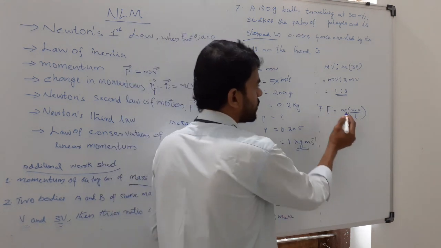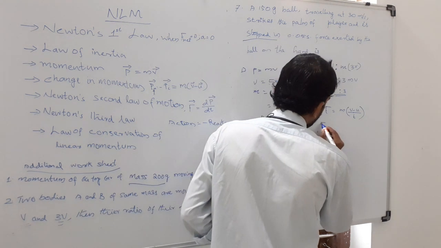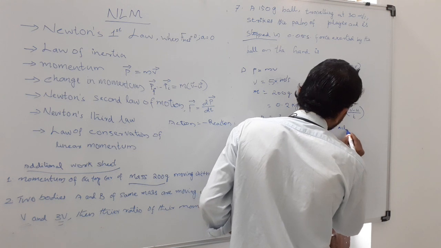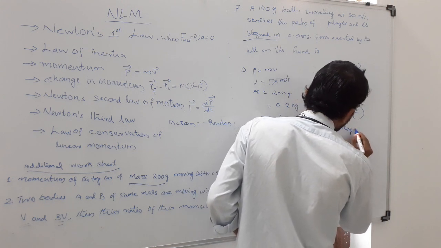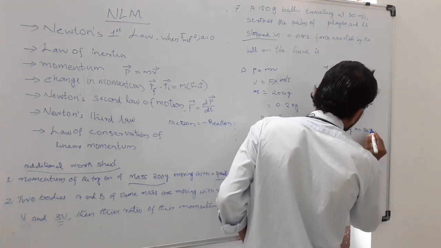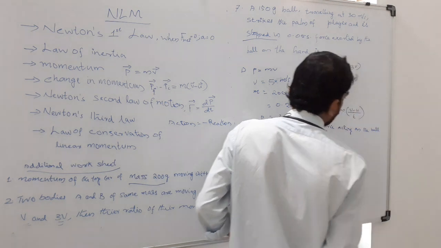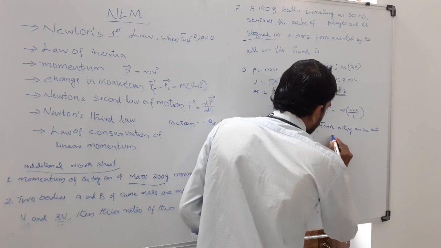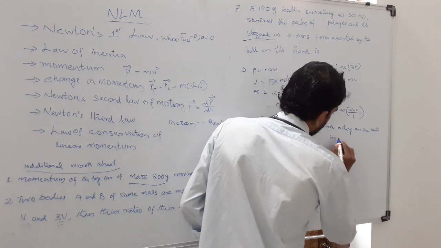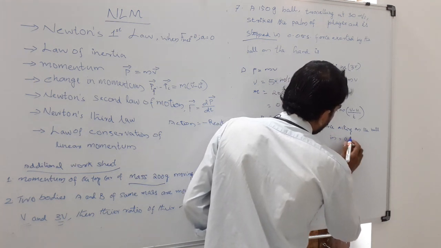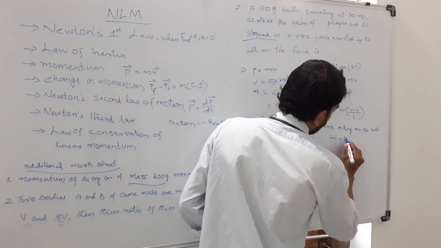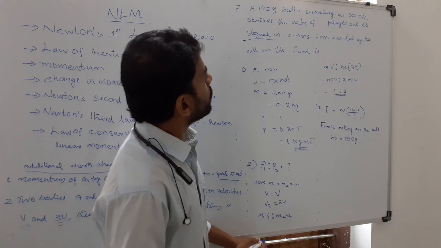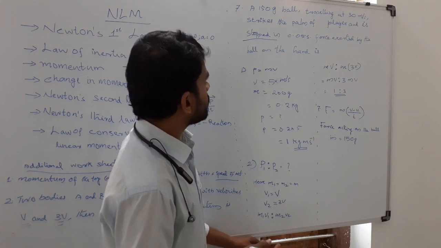So here F is nothing but force acting on the ball. F is equal here m. What is m? m is equal to 150 gram. Everything is given in SI unit except the mass.